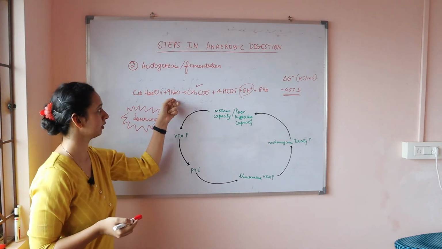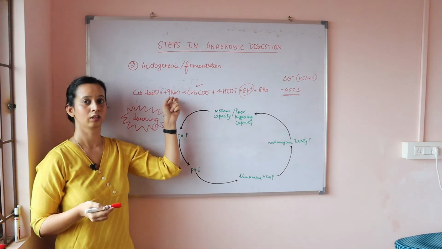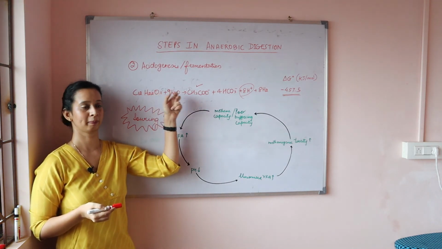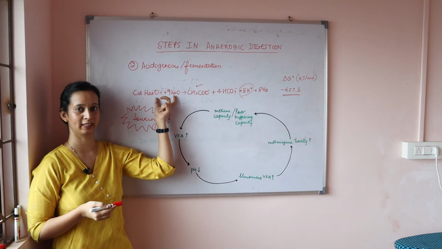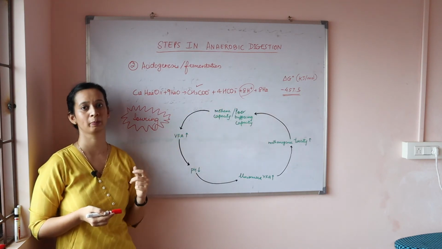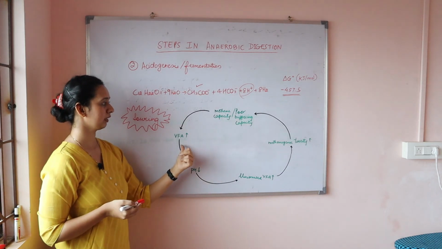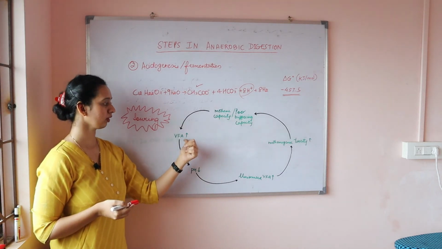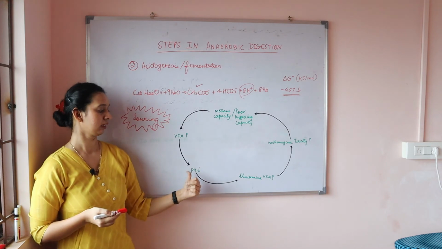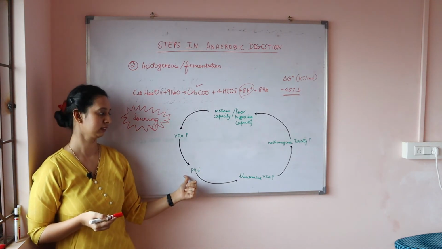Here we have taken the example of sucrose or sugar breaking down, but if it was fatty acid, then the result would also be volatile fatty acids. So these volatile fatty acids will increase, and obviously the pH will decrease.